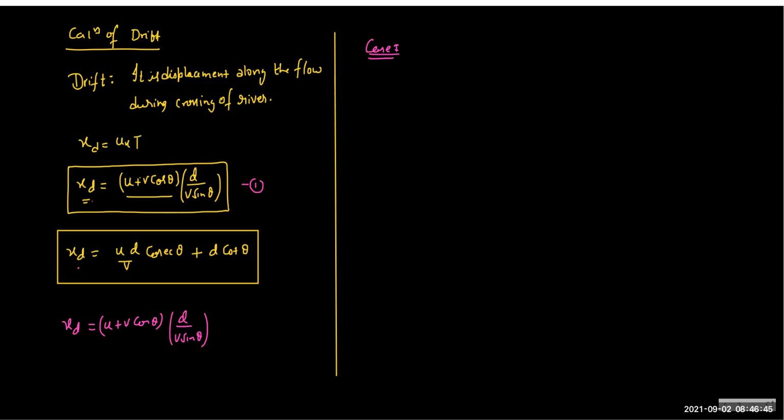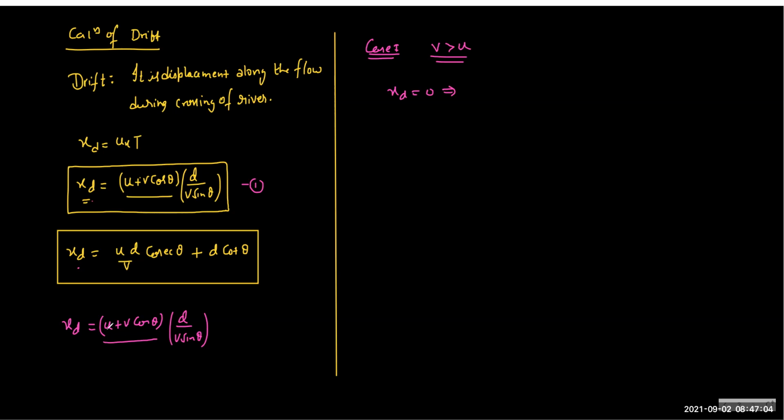1. If the man can swim faster than the river flow, that is, if v is more than u. In such a scenario, to make drift zero, the only way is the first term must be zero because the second term cannot be zero.